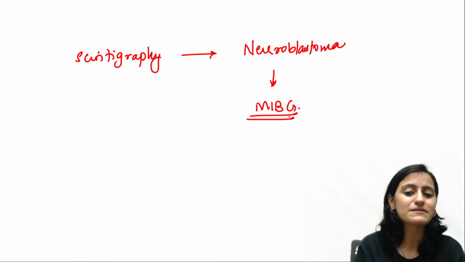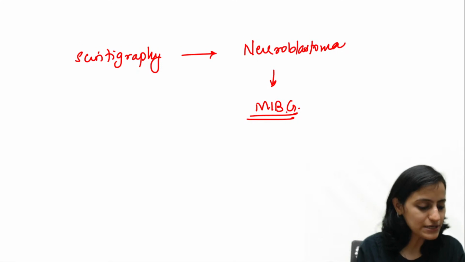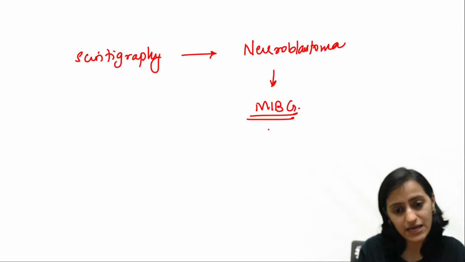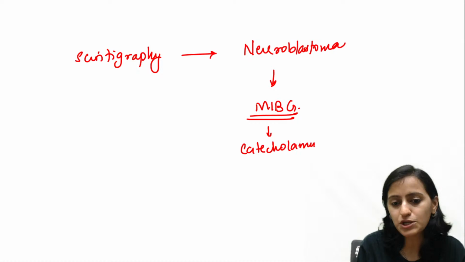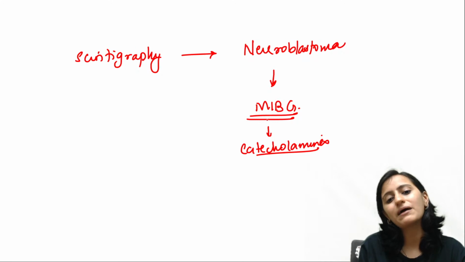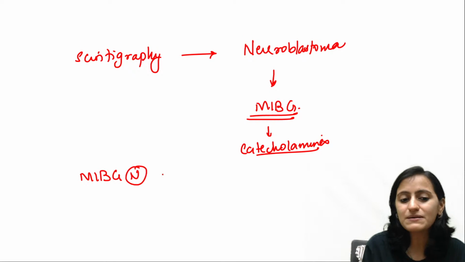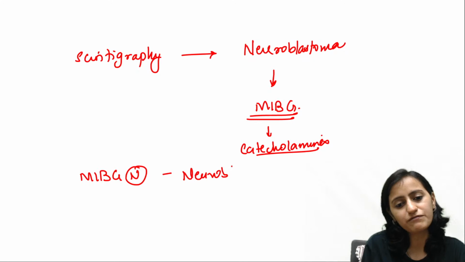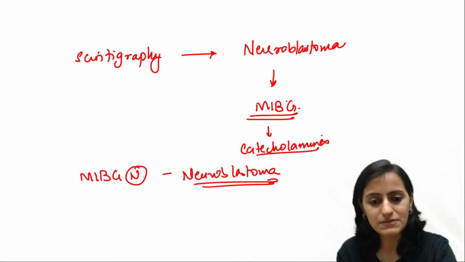MIBG is radiolabeled with iodine 123. So anywhere where you have increased catecholamines, the tumor secreting catecholamines, in that case we can do your MIBG scan. But remember that your MIBG can be normal in a patient of neuroblastoma. It will not always be positive. Okay, so remember MIBG scan can be done.